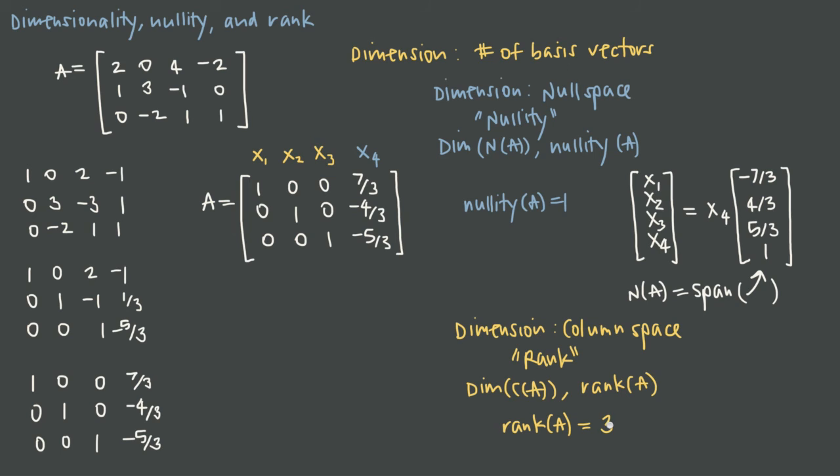That means we need 3 vectors to form the basis for the column space of A, or we need 3 vectors to span the column space. We can get those 3 vectors from the original matrix if we want to. So we could say that the column space of A is spanned by simply the first 3 columns of A. So we'd come up here and we'd grab these 3 columns.